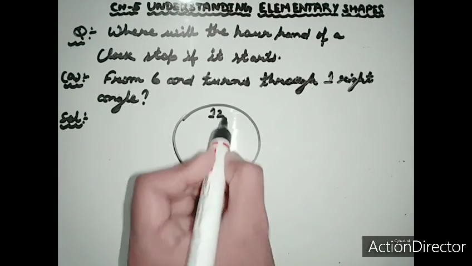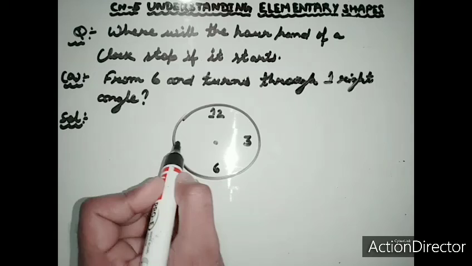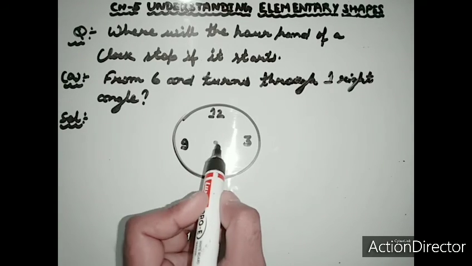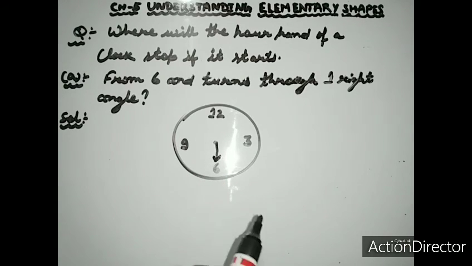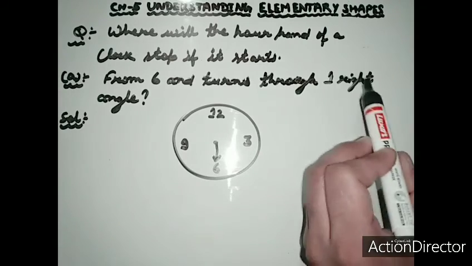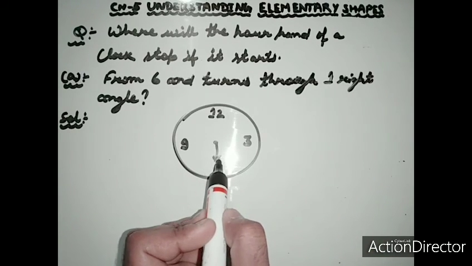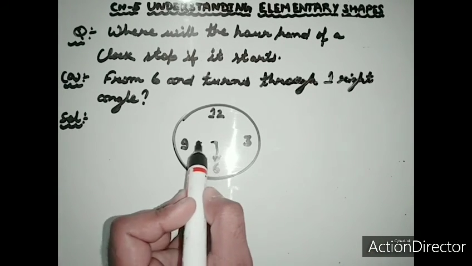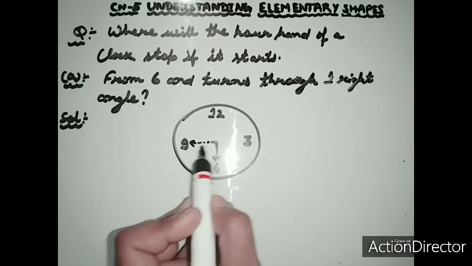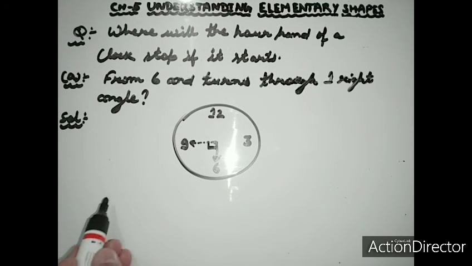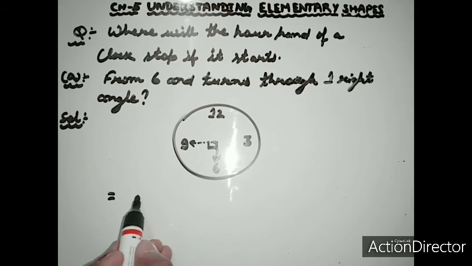So here we write 12, 3, 6 and 9. Now it starts at 6 and moves through 1 right angle, from this point to this point, right? From 6 to 9, and it forms only 1 right angle. So here we write 9. So the clock stops at 9.